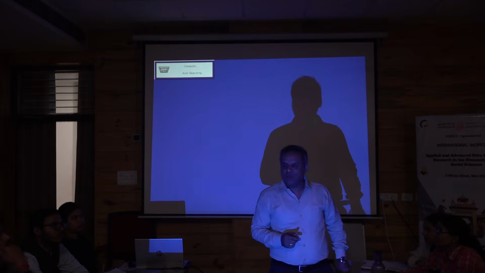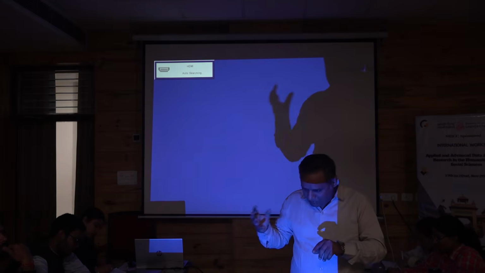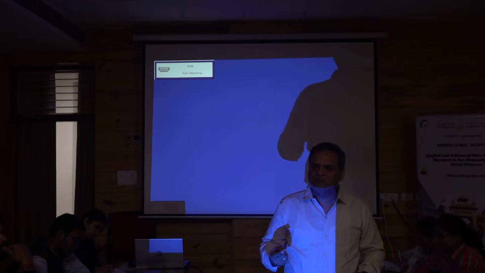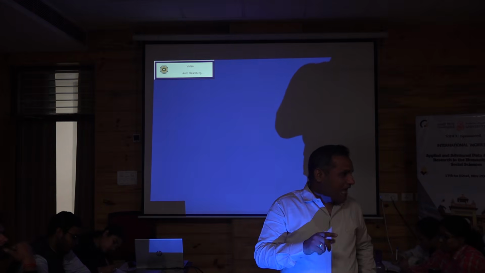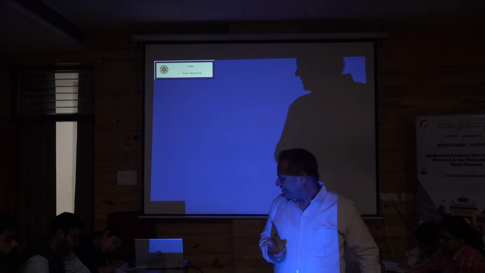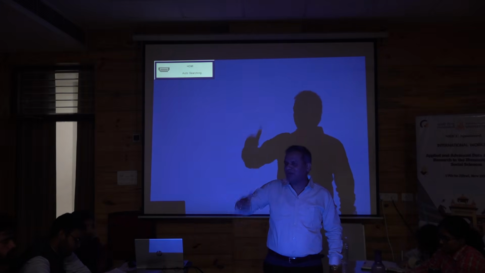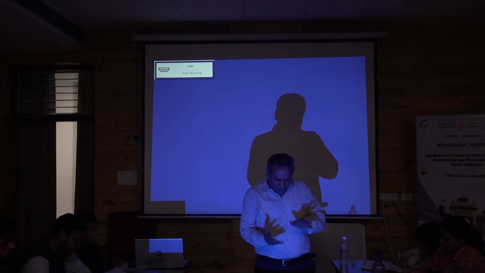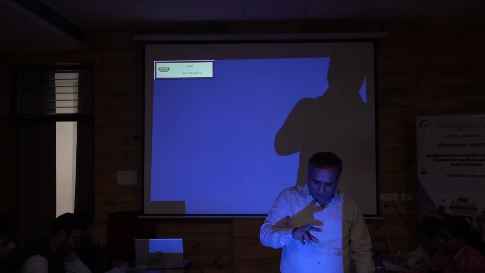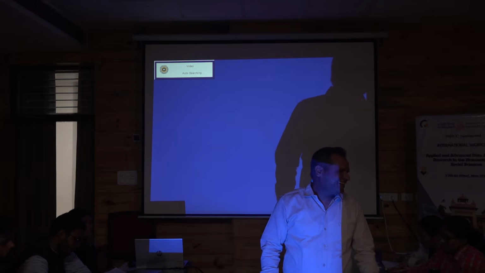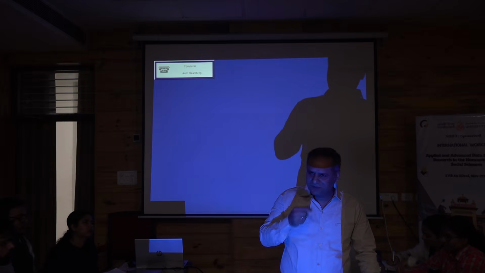OLS, ordinary least squares. You press a tab, but behind it there is a lot of algorithm working. So SPSS works on the OLS algorithm, Amos works on the MLE method, and SmartPLS works on the PLS algorithm. If you read technical papers of PLS-SEM, it's full of mathematics, beta, alpha, kappa, and it will go above your head. Software uses those algorithms.